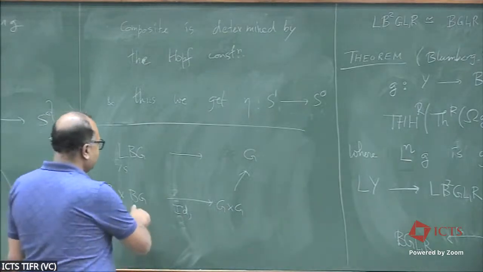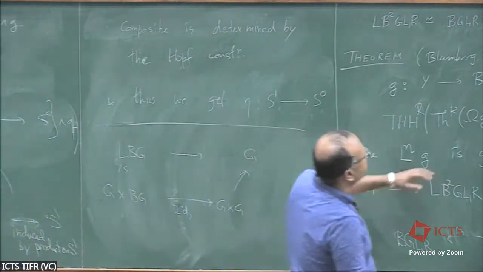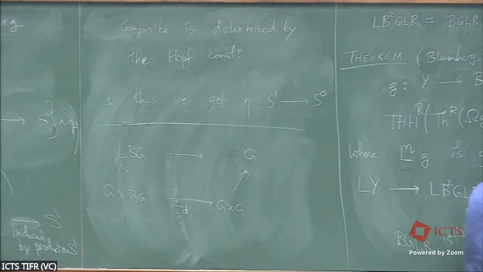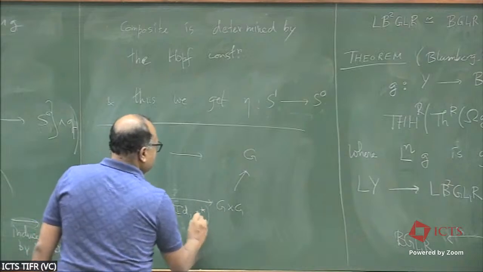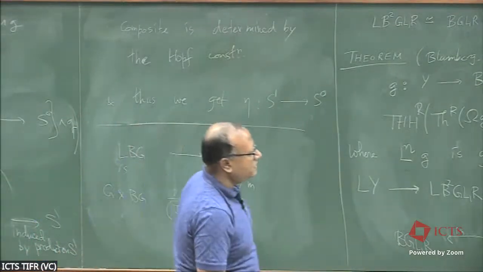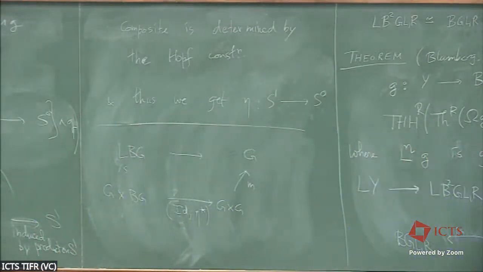So eta smash identity on BG exactly induces this map eta upper star. So that is identity comma eta upper star, and then you use the multiplication. So that gives you a way of identifying this map as L eta of G.